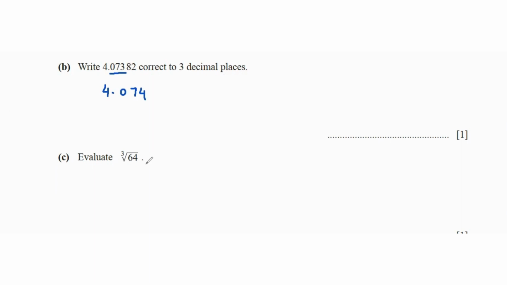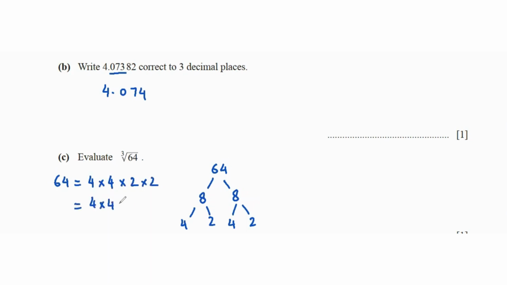Then it says evaluate the cube root of 64. Now we know 64 is 8 times 8. 8 is 4 times 2, and 8 is 4 times 2 again. So 64 can be rewritten as 4 times 4 times 2 times 2. 2 times 2 can be rewritten as 4 again.